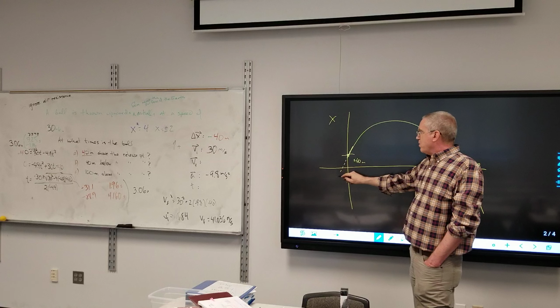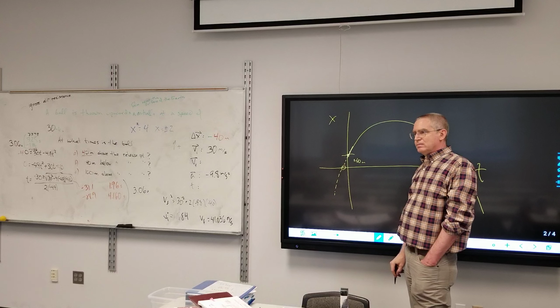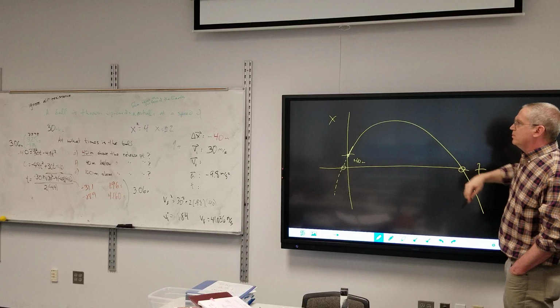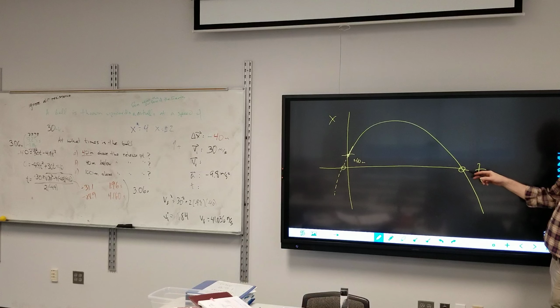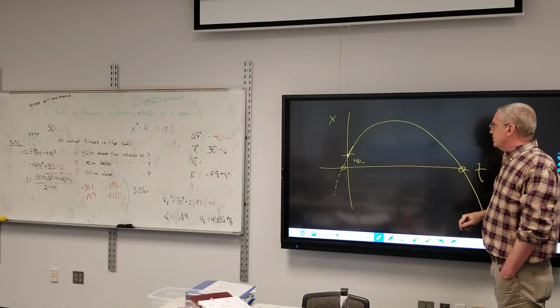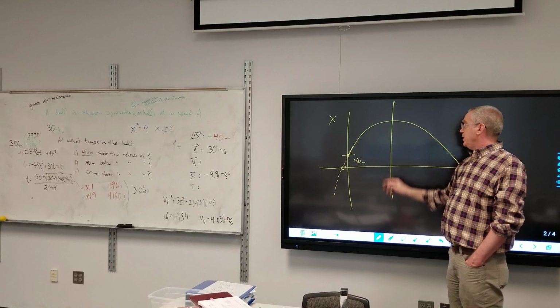If we extend it backwards through time, that's the other answer right there. So this would be negative 1.113, and this would be the 7.25 seconds.